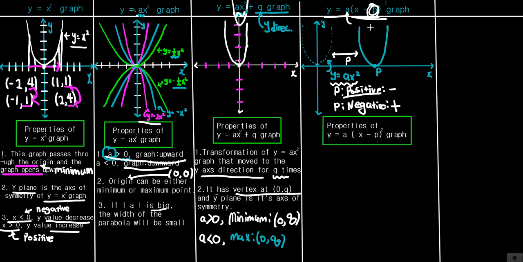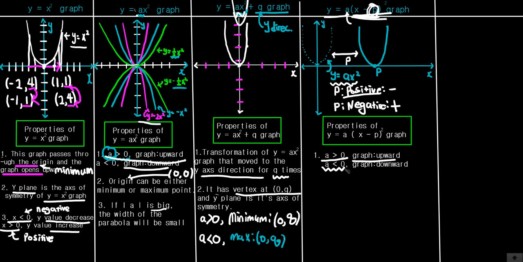Before you think about the example of y is equal to x minus p squared graph, let's think about the properties of y is equal to a times x minus p squared graph. The first property is that when the a value, which is the coefficient of the x minus p squared term, is positive, which means it is greater than 0, the graph will go upward.